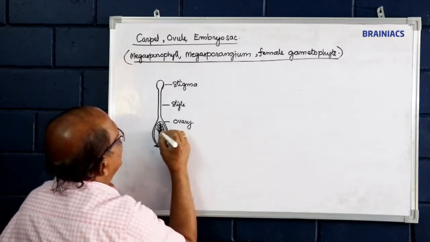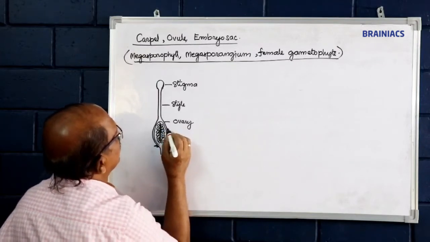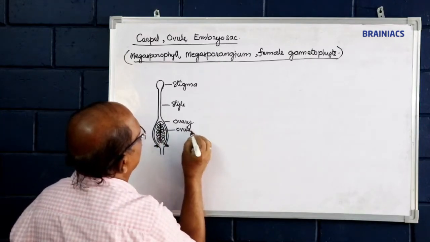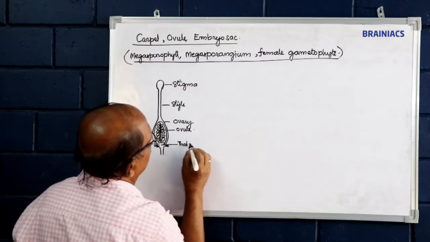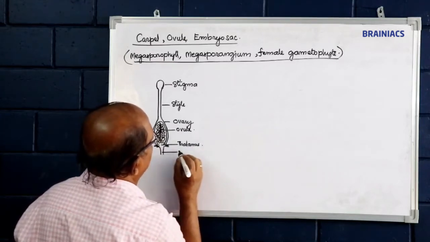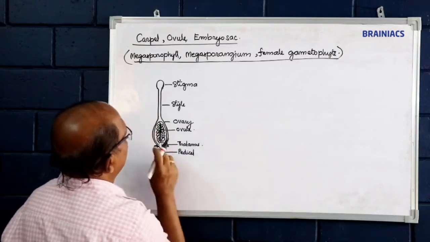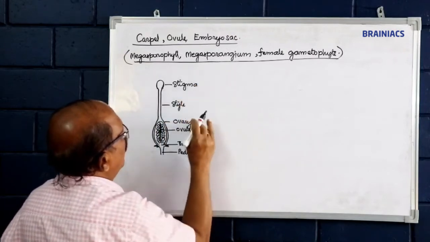Ovule becomes seeds after fertilization. This is ovary, this is ovule. This is thalamus. This is stalk. From here ovary, stigma, style, ovary.